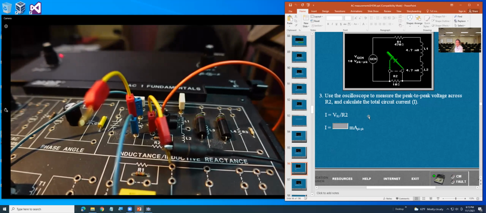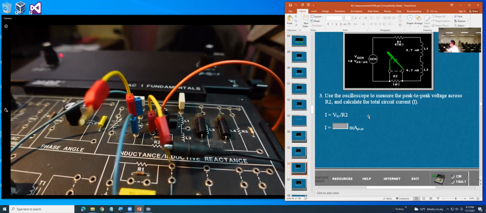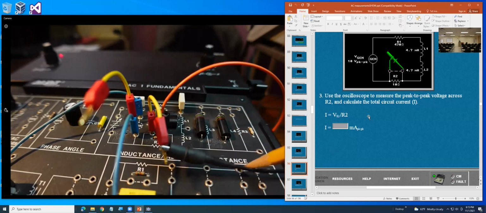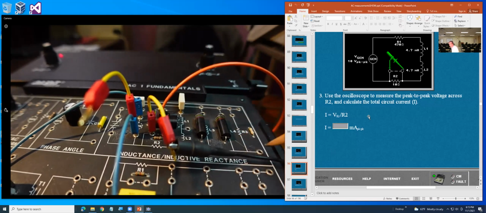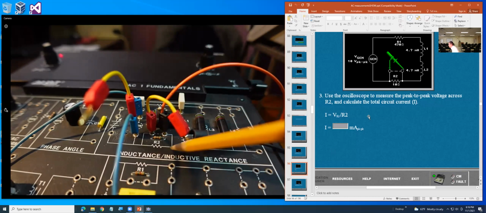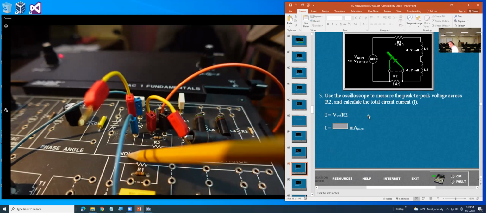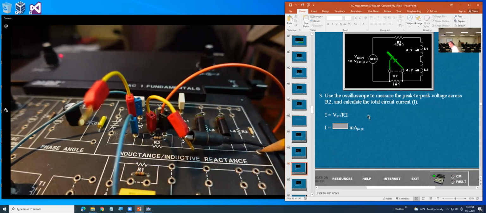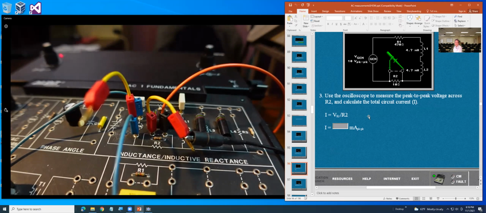Some students think the ground should connect in here. That's wrong. Okay, the thing is you have to go across the 10 ohm resistor. So the ground on this side and the probe on the other side are not really good, and that's why you can get a lot of noise.